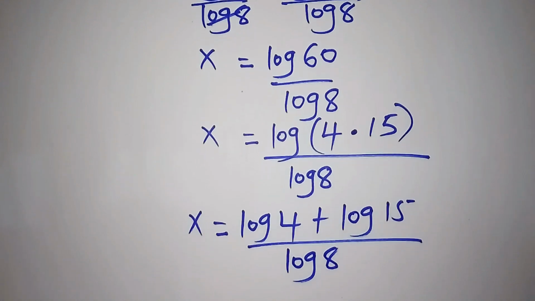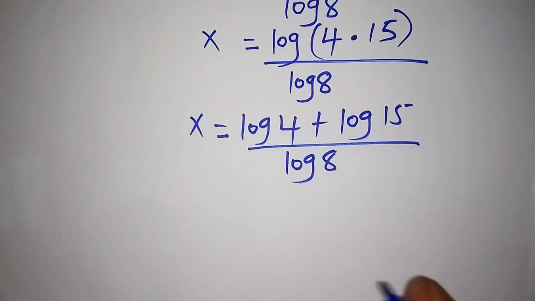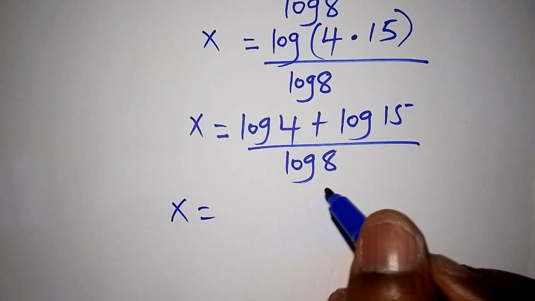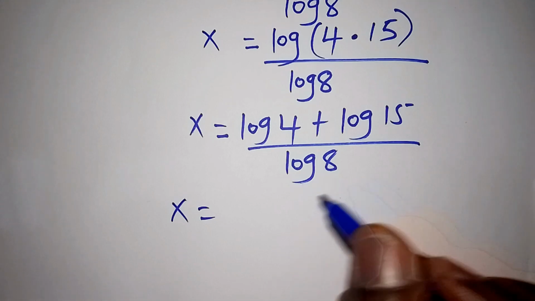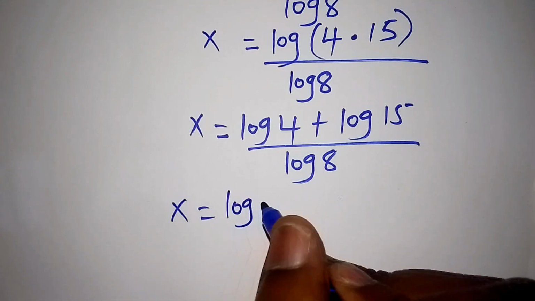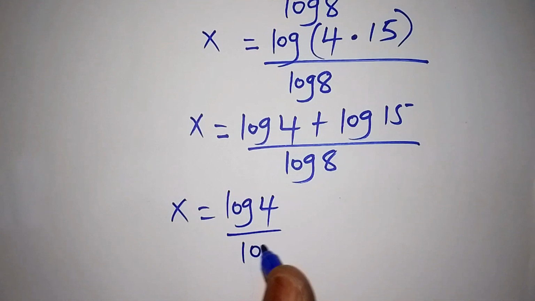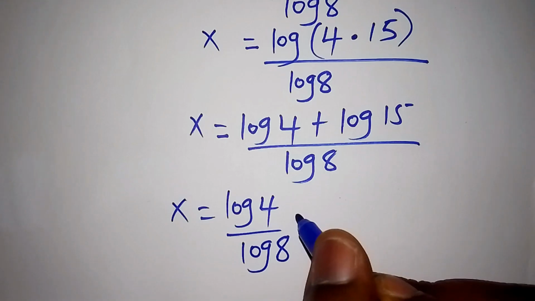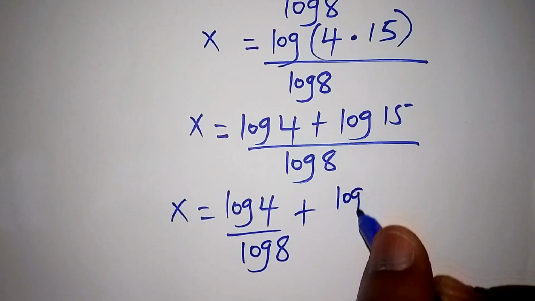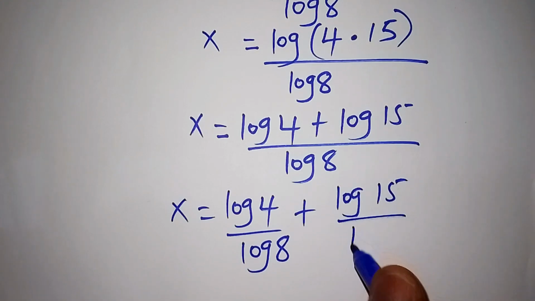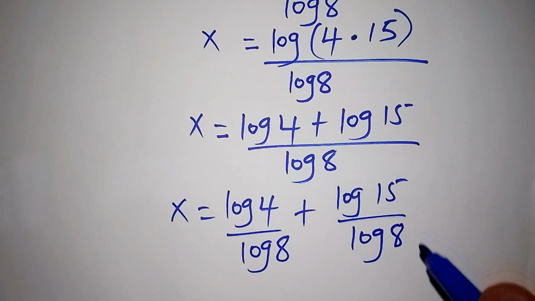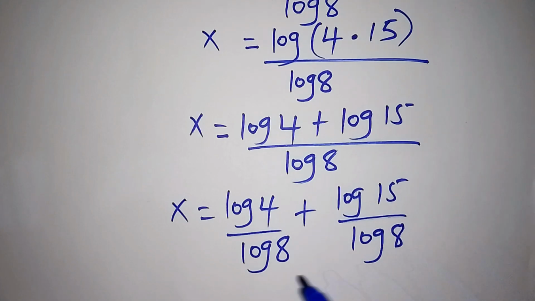So from there, let's divide each by the log of 8. So x is equal to log 4 all over the log of 8, plus log 15 all over the log of 8. Now we can work out log 4 all over log 8 first.